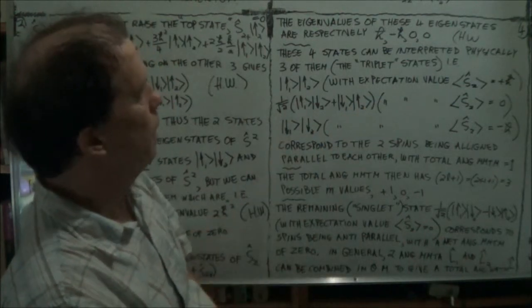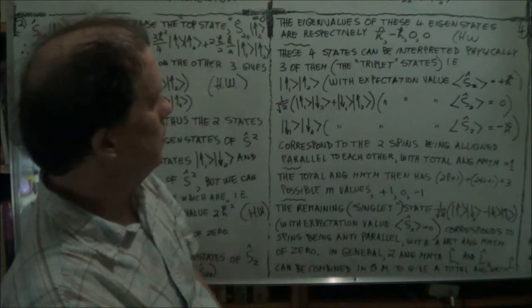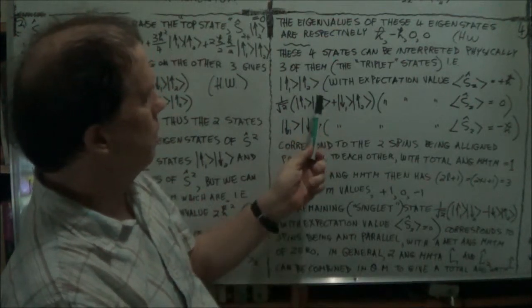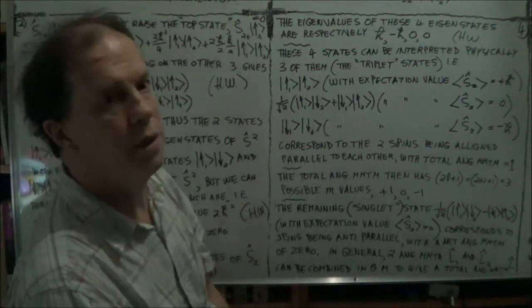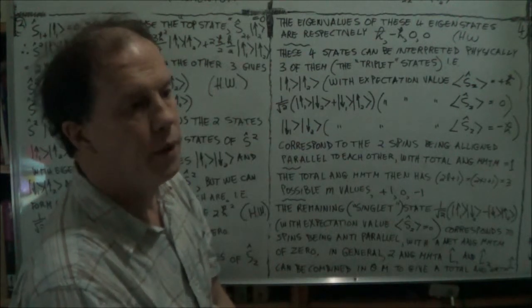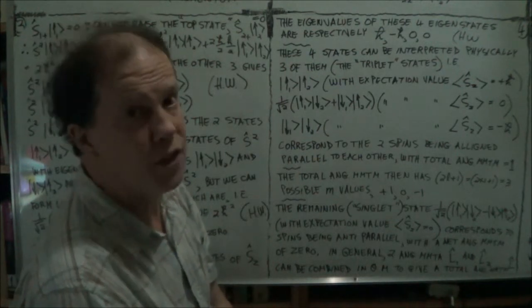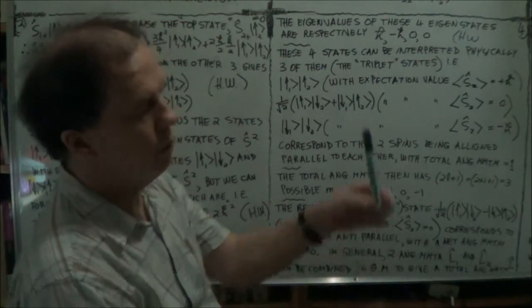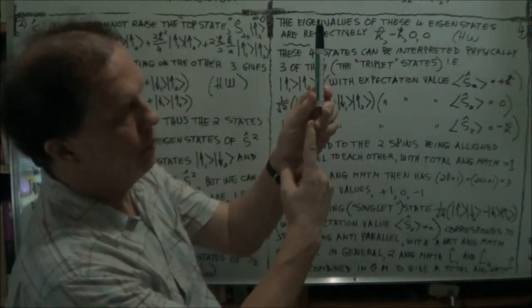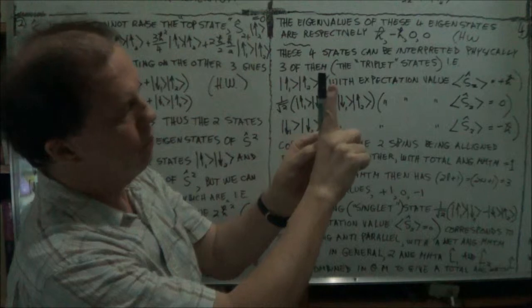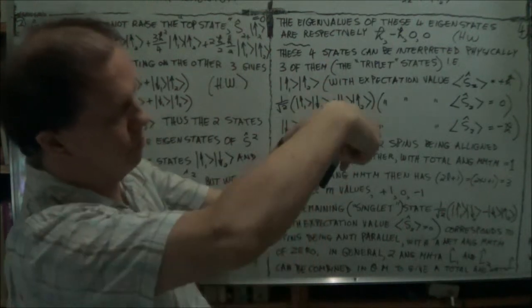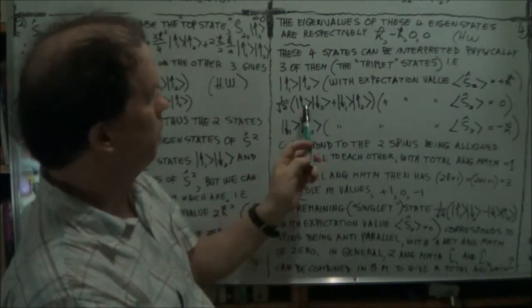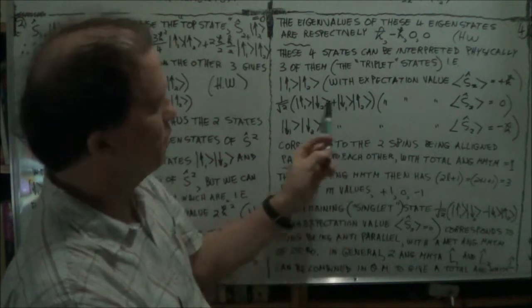They're meant to be when the two spins that you have, S1 and S2, are both oriented, let's say both up, so they're both parallel. They might be both up or both down. I'm a bit fuzzy about what this is supposed to mean physically.